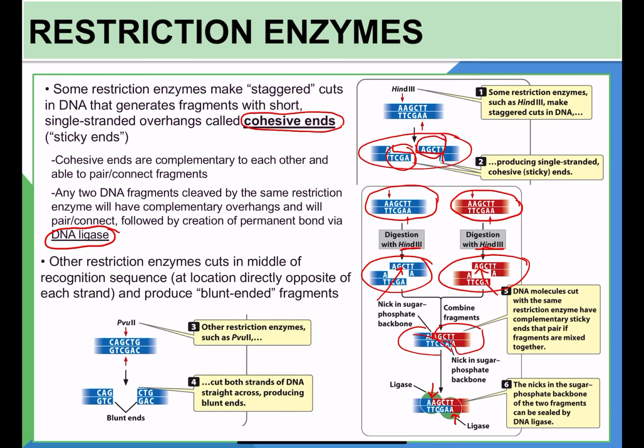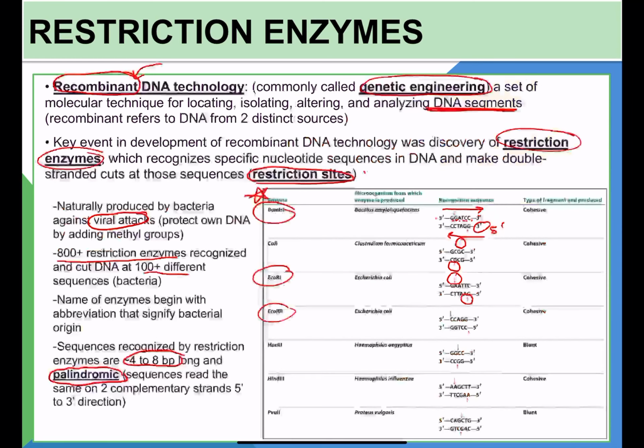So there are other restriction enzymes that don't cut at different spots on the two DNA strands, but at the same spots, where they are cutting straight across each other. When we go back to this table here, here's one example where you have an arrow cutting between the G and C and another arrow at that very same spot, okay? So this is HaeIII creating a blunt end.